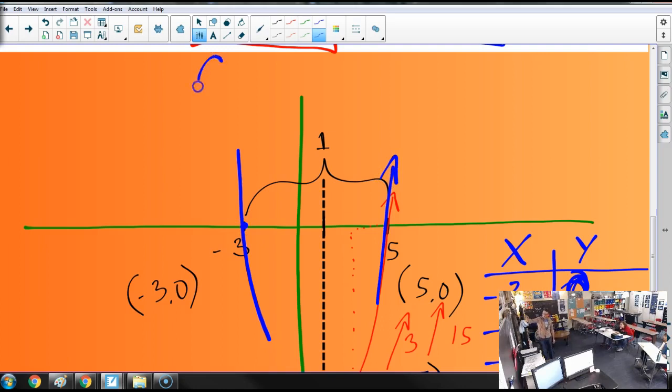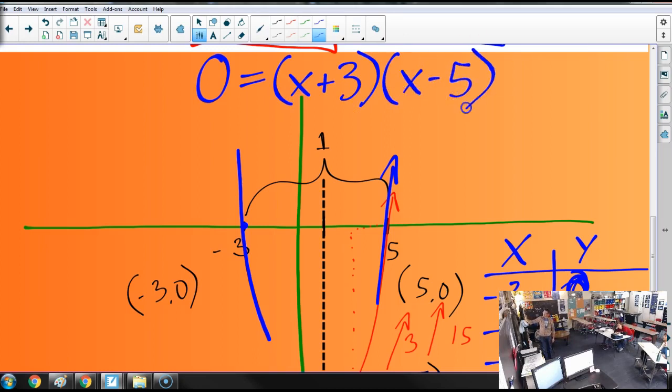So the parabola is 0 when x plus... Figure out what x is. Well, we know what x is. X is either negative 3 or positive 5. When one of them is 0, it has to be 0.